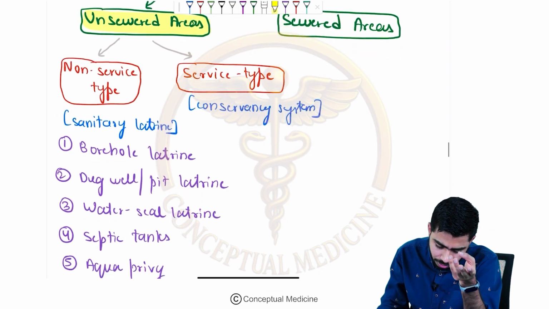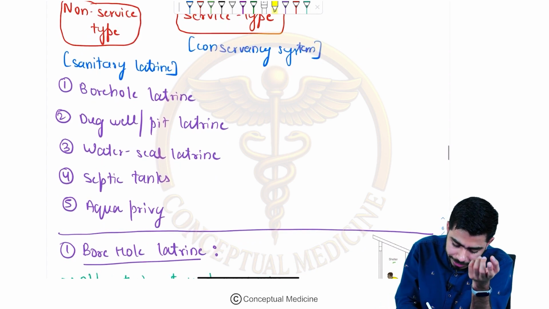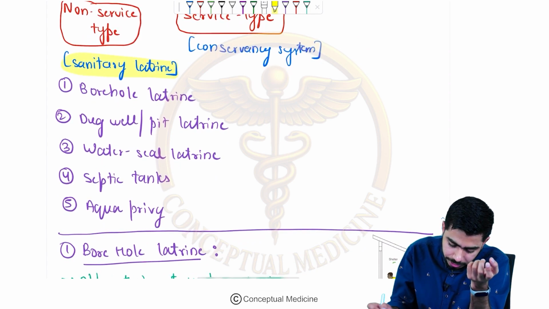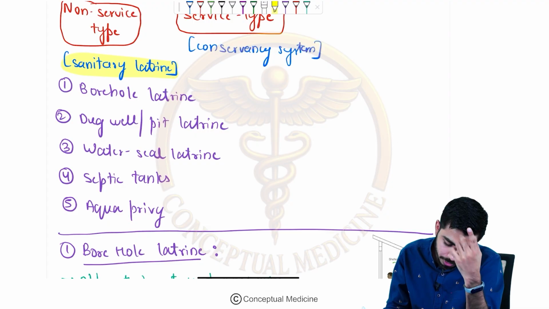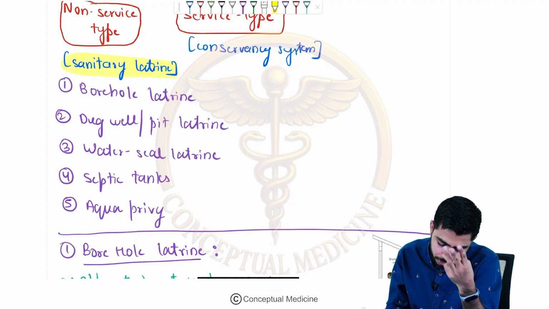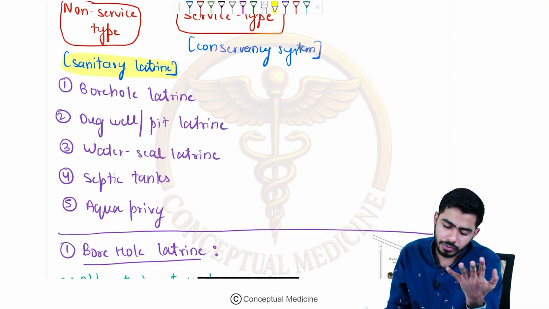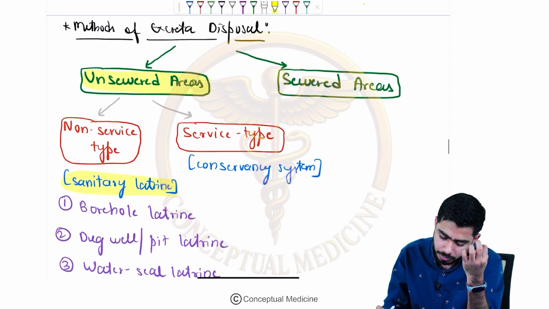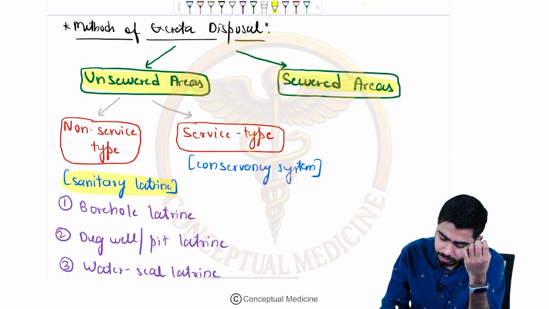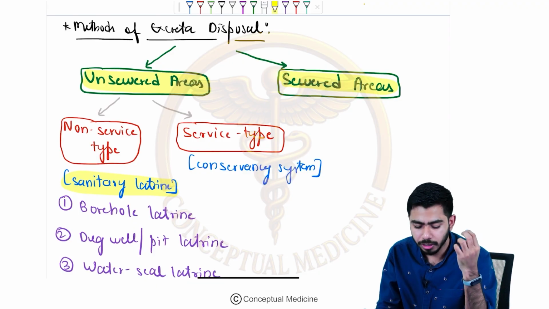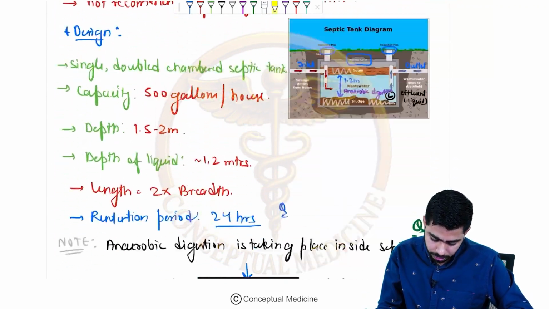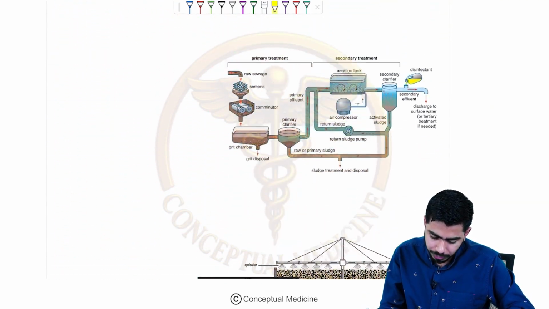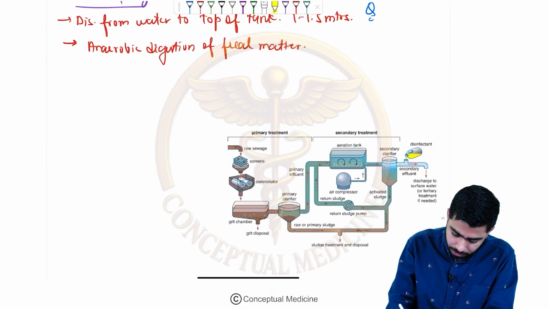But the non-service type, we have talked about the latrine methods, the sanitary latrine methods, and here we have talked about the 5 methods: borehole, dug well, water seal, septic tank, and the aqua privy. And now we shall talk about the other category, that is the sewered areas.